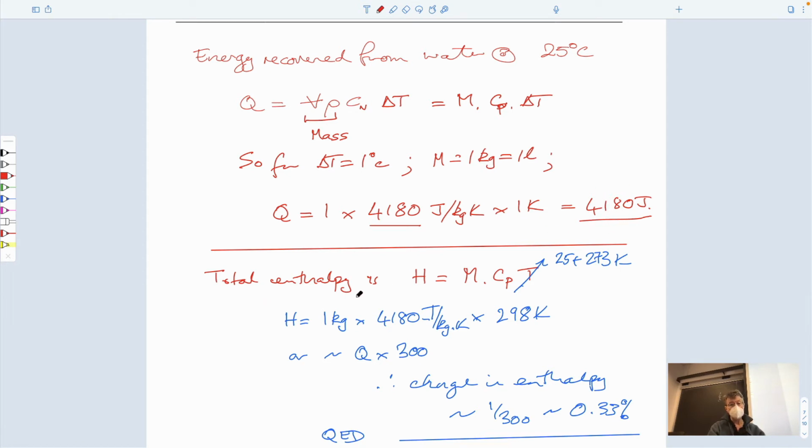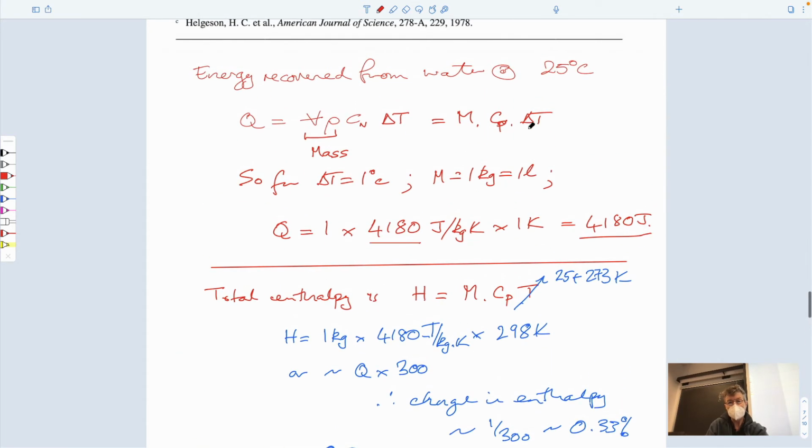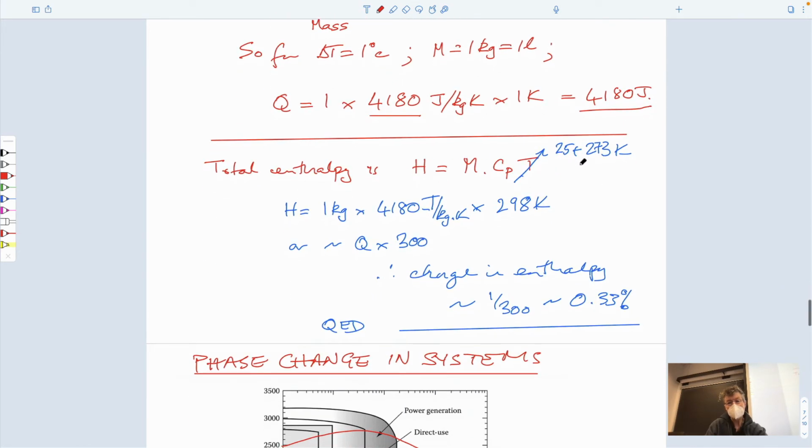But the total enthalpy that exists in that system is going to be equal to the mass of the fluid, the specific heat capacity of the fluid, and the change in temperature, not just delta T due to this 1 degree centigrade change, but the total enthalpy is going to be the temperature in Kelvin. So if it's at 25 degrees centigrade, it's going to be 273 plus 25.